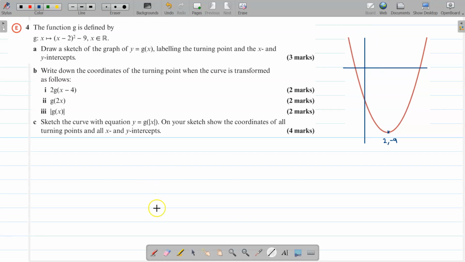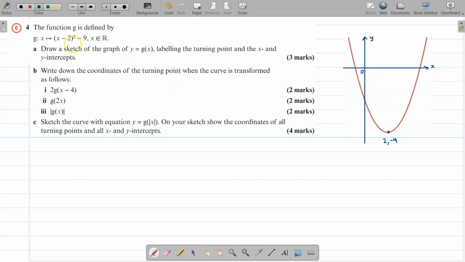We need to label the crossing points and the intersections as asked in the question. So we just quickly label our axes. On a sketch like this, the usual requirement is to show the axis intercepts and the minimum or turning point. So we've done that, and we just need to put some more information in.